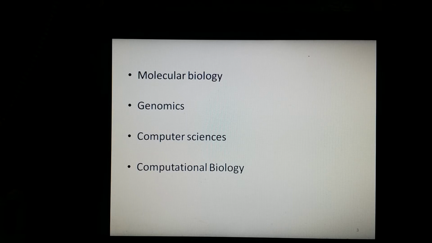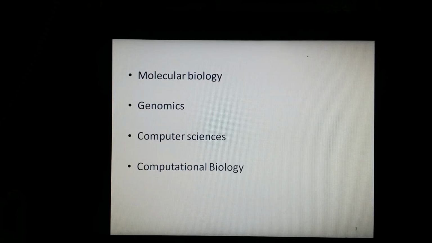The next field that is an important component of bioinformatics is computational biology. Broadly speaking, it is the application of computer science, statistics and mathematics to problems in biology. It means you apply all these three fields in order to solve biological problems.